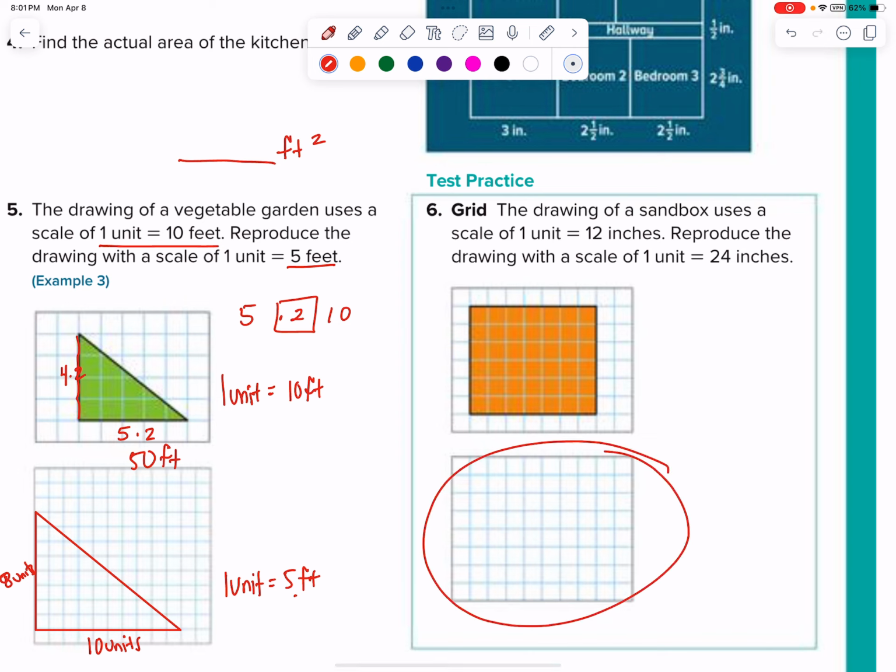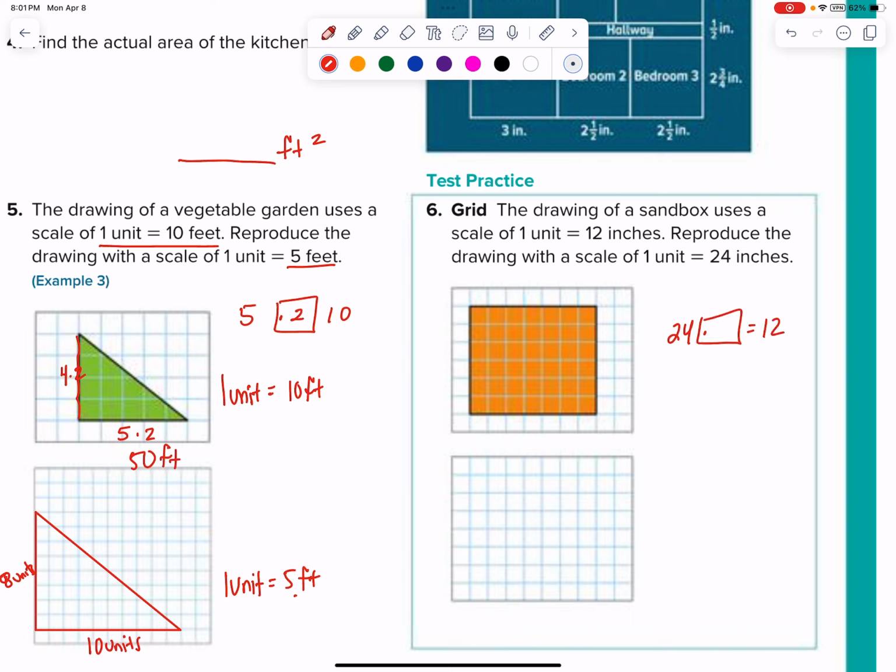This one here, every box is going to be 24 inches. So it's going to end up being a smaller number. Okay, so for this one, you're wondering, well, 24 times what gets me 12? Okay, because we're going smaller. Okay, so think about that one when you're making your new drawing.